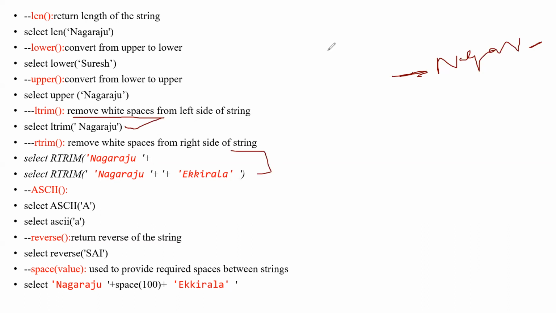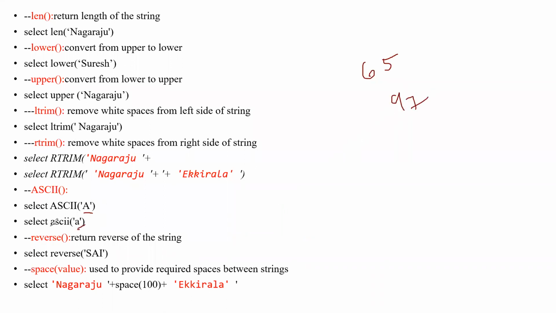Now here, one more important thing is ASCII. ASCII means American Standard Code for Information Interchange. I think you already know. So we are converting English letters into ASCII code. For the capital letters, it starts from 65, and for small letters, it starts from 97. Whenever we type, we need to convert A to this ASCII code. Now select is like print ASCII of A, then it prints 65.